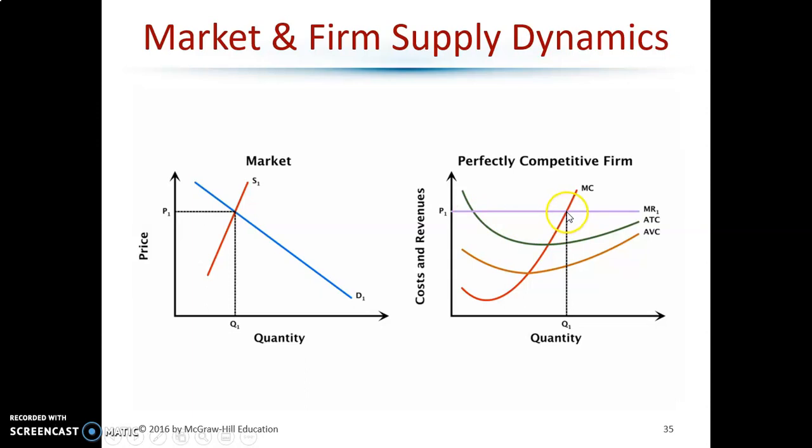Or I'll try to match the price a little bit, but just to get a little more of the market coming to me, I might undersell just a little bit. And everybody comes to me, and I sell to everybody, and everything's great. So there's an incentive to undercut the competition in order to sell more output.